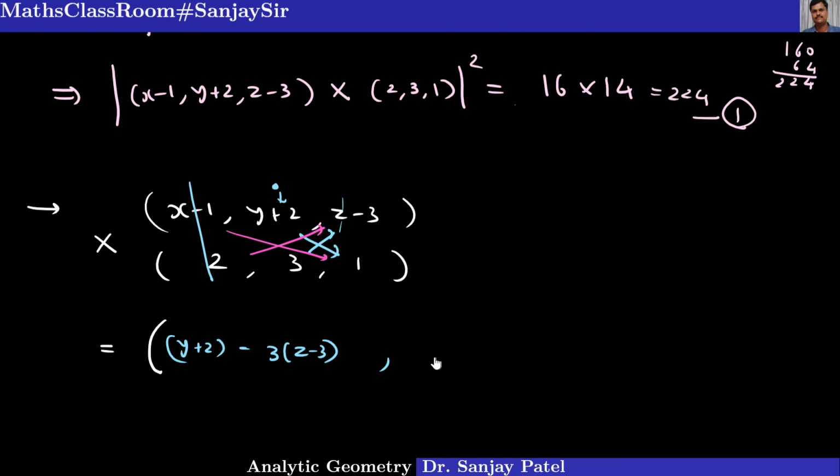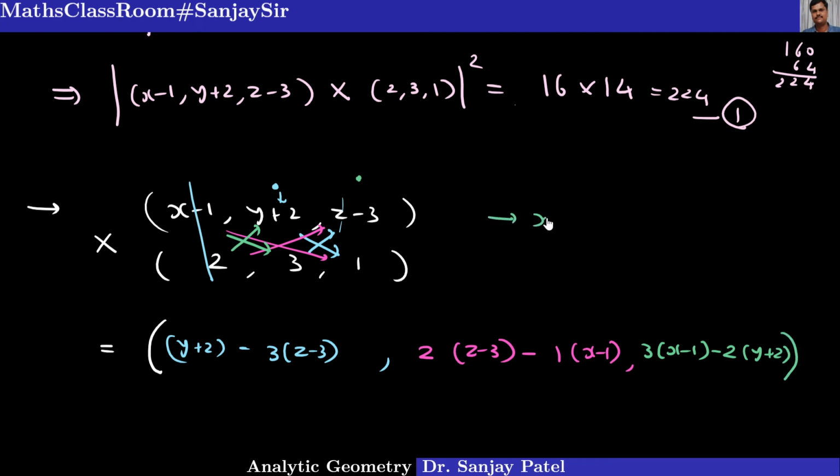So 2 into z minus 3 minus 1 into x minus 1. Okay, comma. The third thing is keeping the third coordinate fixed and taking the determinant of the remaining terms. So it is 3 times x minus 1 minus 2 times y plus 2. So this is the vector.